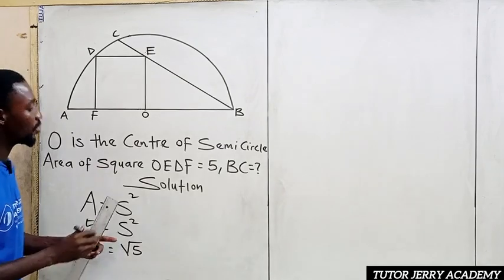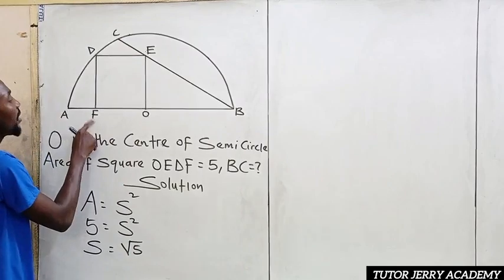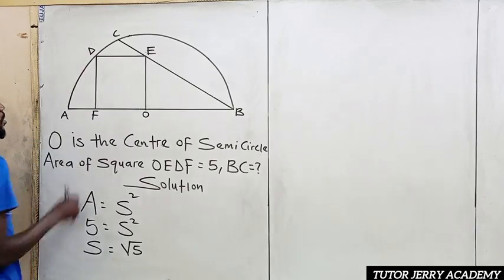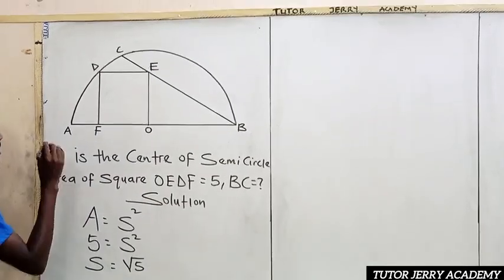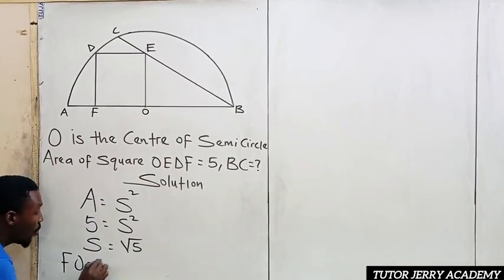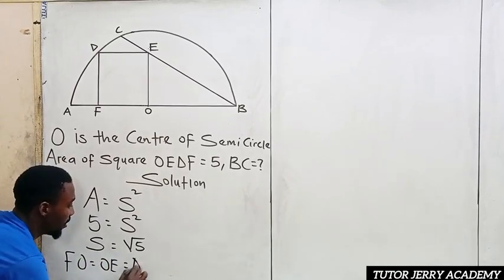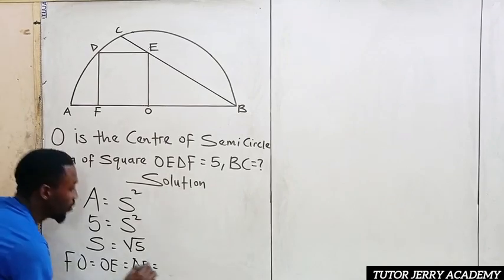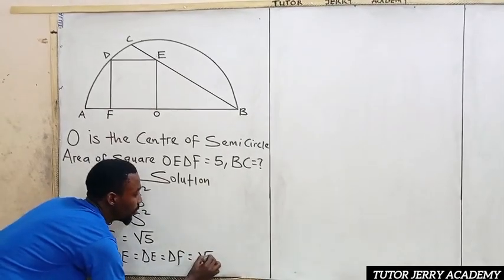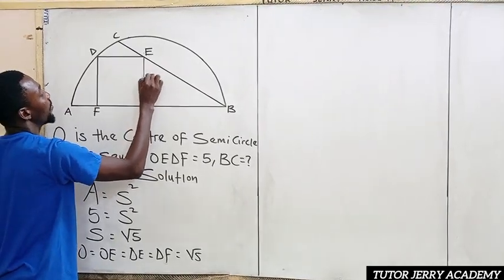A square has equal sides, so FO, OE, ED and DF are all equal to root 5.